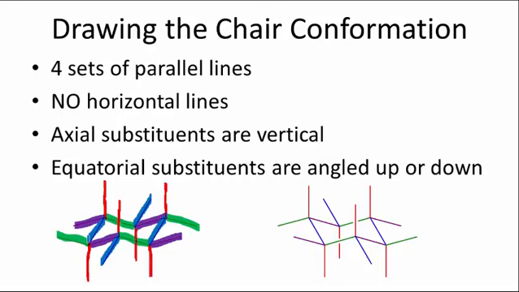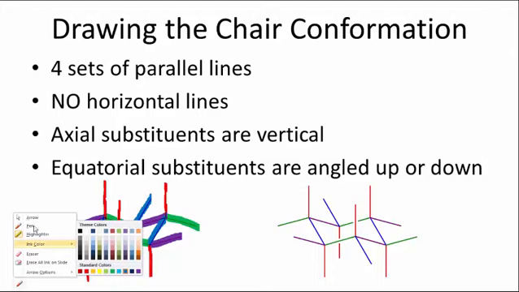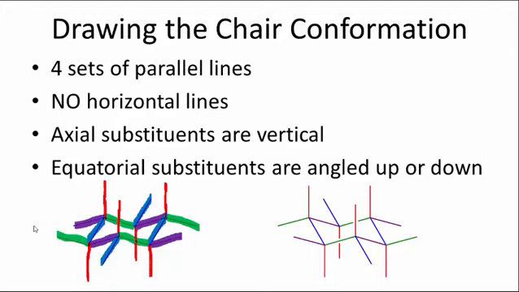All right, so some terminology. We have what we call axial substituents and equatorial substituents. Axial substituents, these are the things that go straight up and down.